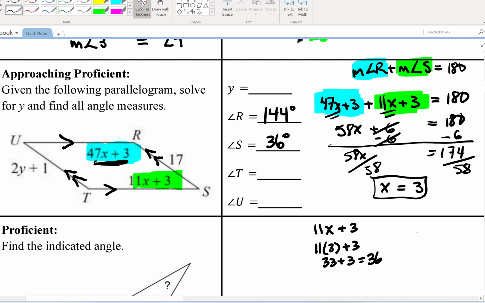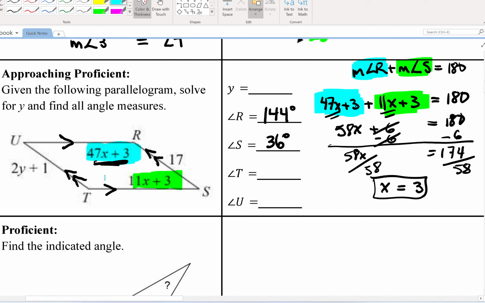Just as a double check, those should add to 180 like we set up in the equation. 144 plus 36: 4 plus 6 is 10, 4 plus 3 is 7, plus 1 is 8, and then 180. So check, it works. Now, opposite angles are also congruent in a quadrilateral.